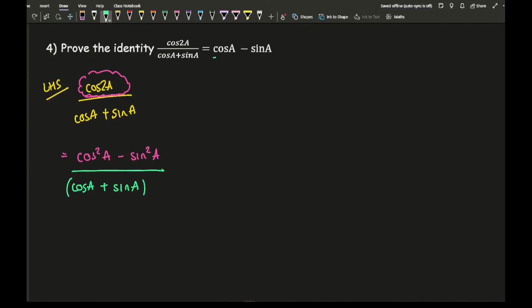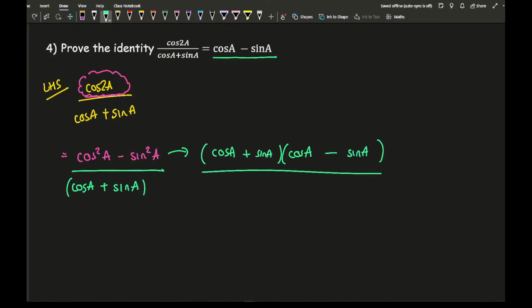I want it to look like cos A minus sine A, so the numerator factorizes into cos A minus sine A times cos A plus sine A, and I've still got that denominator of cos A plus sine A.